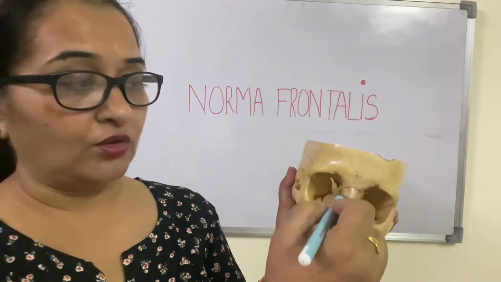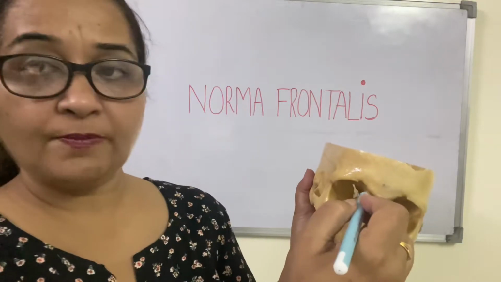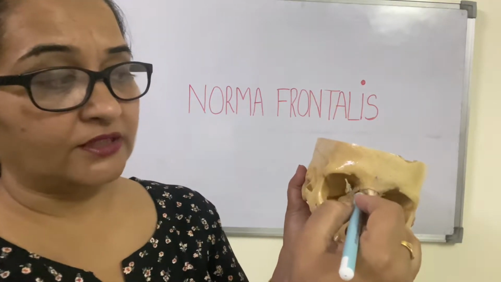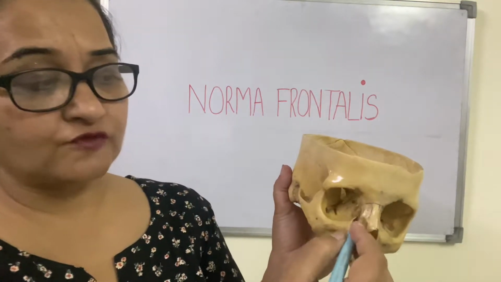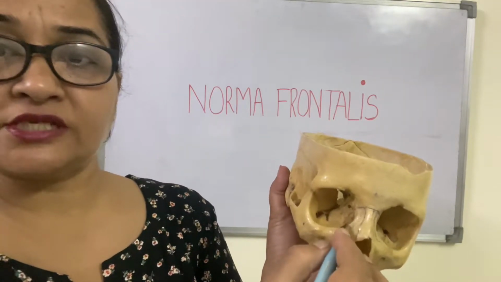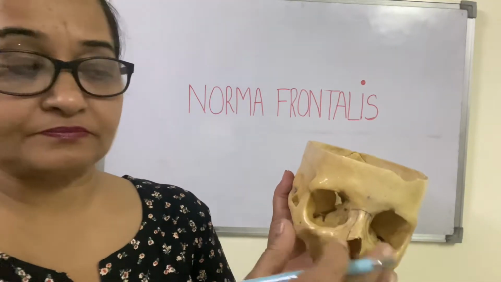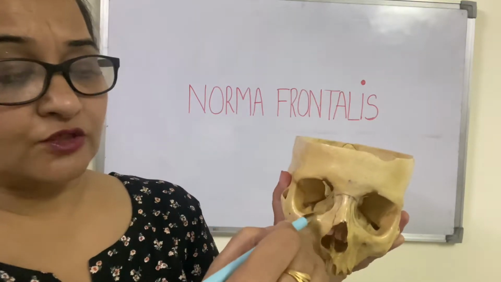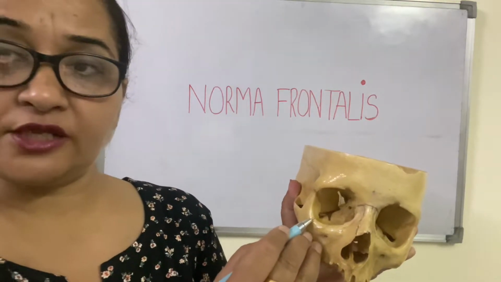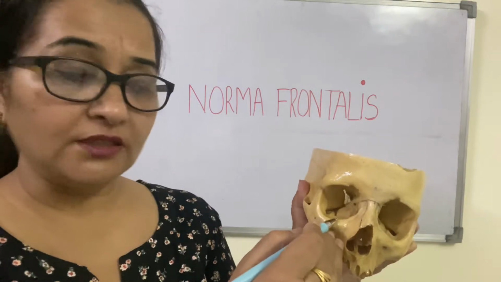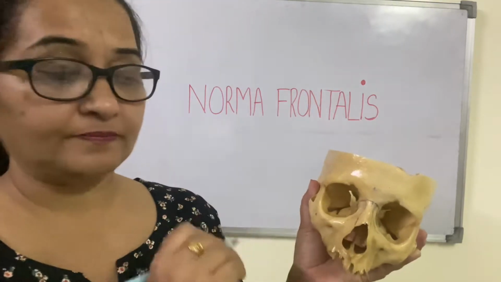In the medial wall, the upper part is formed by the frontal bone, and below it is formed by a crest. This is known as the lacrimal crest of the maxilla. The inferior margin of this orbit is formed laterally by the zygomatic bone and medially by the maxilla.